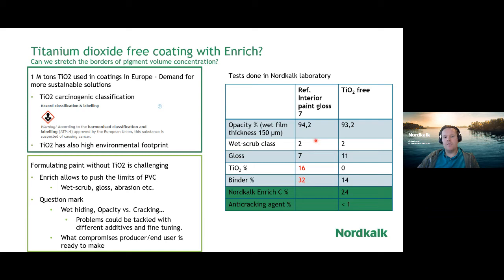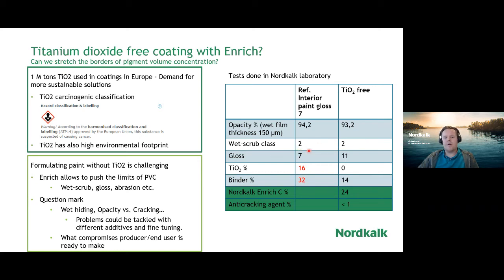There is a wet film thickness of 150 micrometers. We have an opacity of 94.2. We have decided to use this quite low film thickness to show the differences. And here only a minor difference, from 94 to 93 with the titanium dioxide free coating.